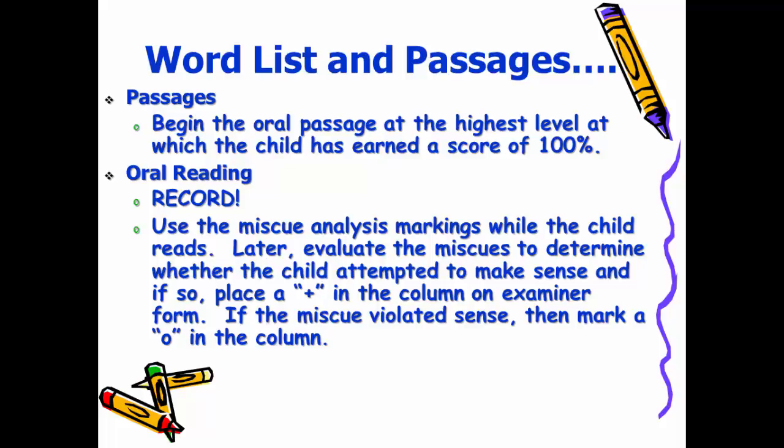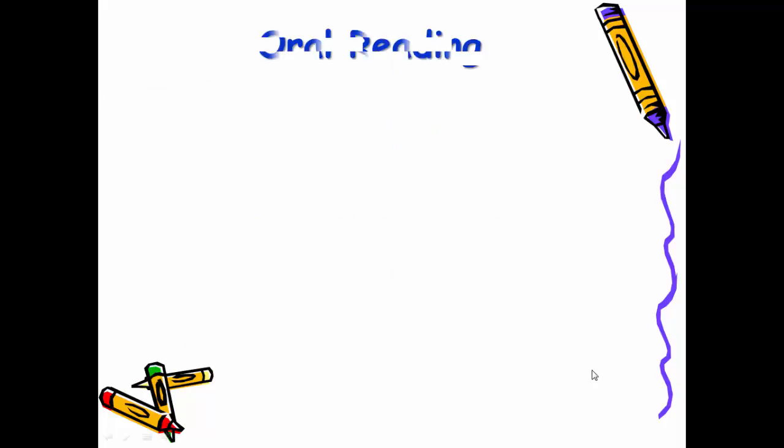When you are finished with the task and the testing, now you're ready to evaluate, and you're going to consider each of the following: did this maintain meaning? Did it violate meaning? If it maintained, you're going to put a plus in the column, in the row right in front of where that miscue happened. If it violated, you put a 0.